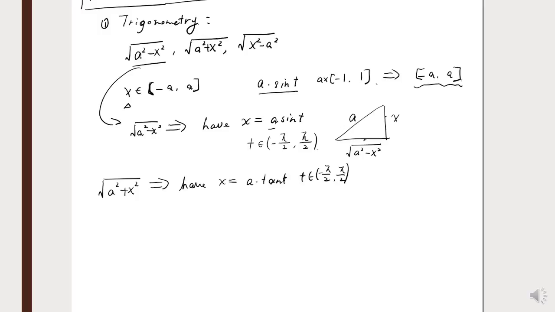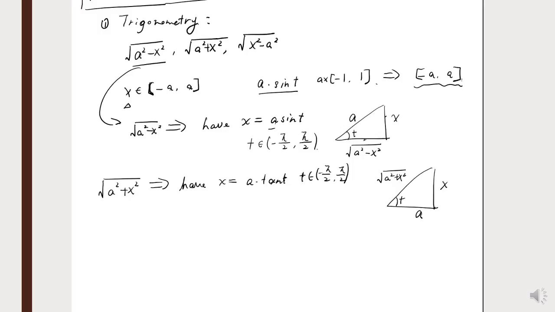Because x equals a times tan t, it's very easy to understand that this must be x, this must be a, and this one should be the square root of a squared plus x squared. And this angle is t, of course.